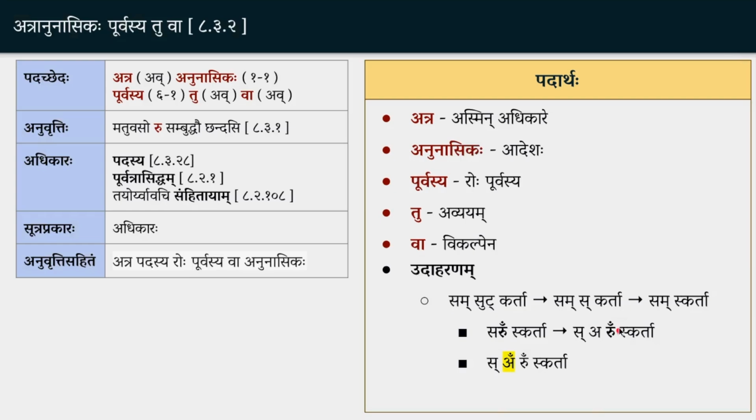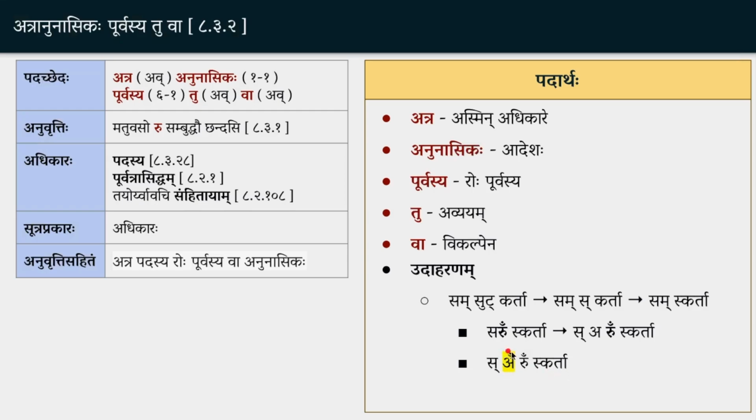If ru is placed, the previous varna, if it is a swara or anything, doesn't matter, but if it is that equivalent anunasika varna adesha comes as the replacement. So it becomes sakaraha, anunasika akaraha, ru, sakaraha, karta.